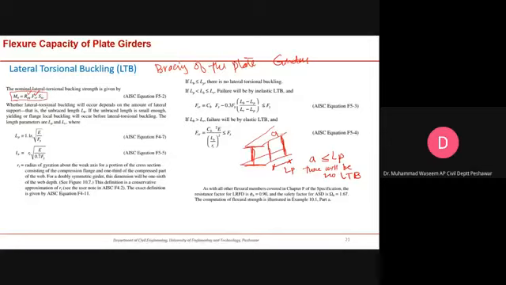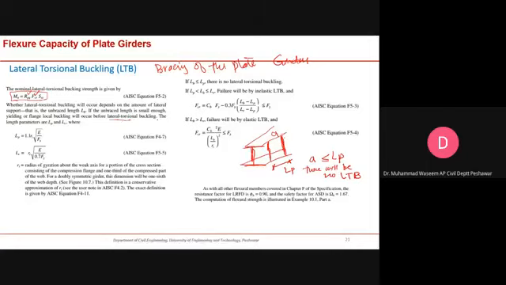Okay, so whether lateral torsional buckling will occur depends upon the amount of lateral support, and this lateral support is the stiffener. Okay, if the unbraced length is small enough, yielding or flange local buckling will occur before LTB. So there will be no LTB.